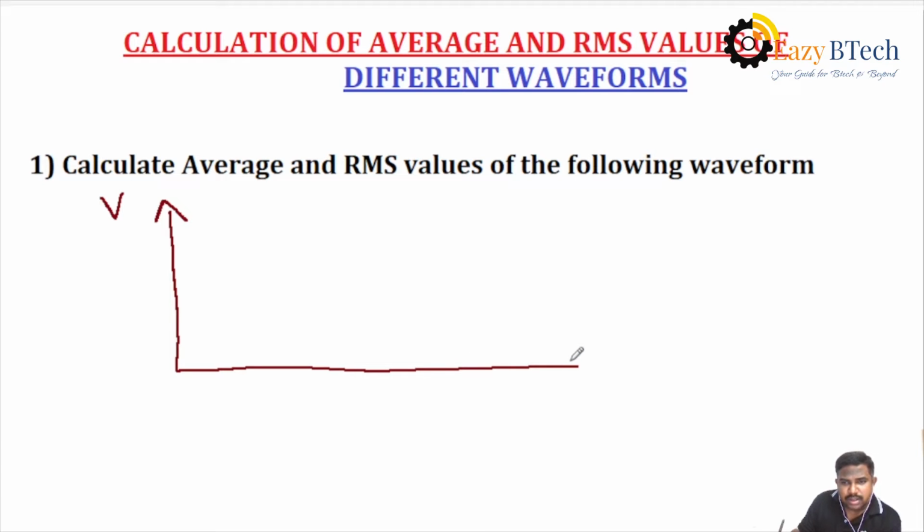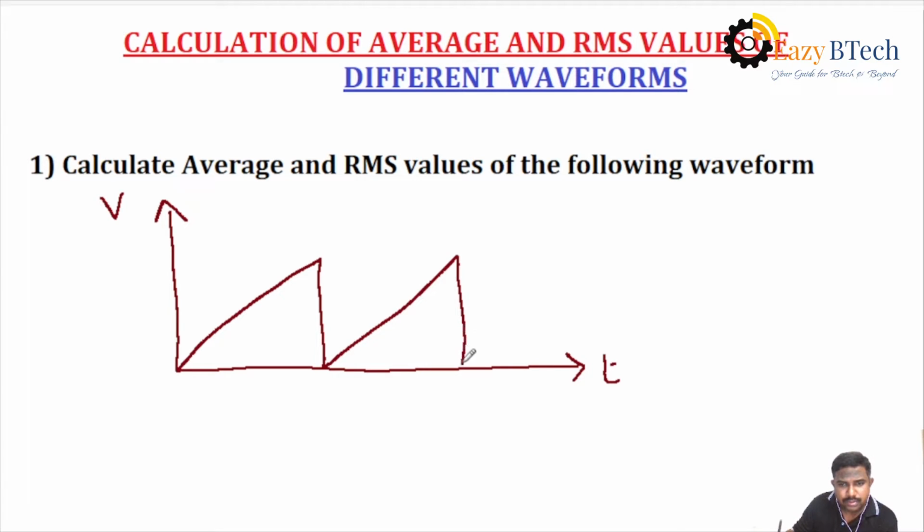We consider a voltage waveform with time on the x-axis. I am taking a sawtooth waveform here. The maximum value is 100, and the time period marks are 2, 4, 6 and so on. For this waveform, you have to calculate the average value and RMS value.